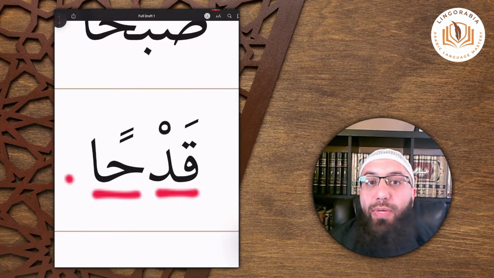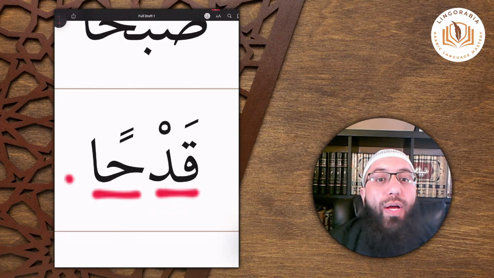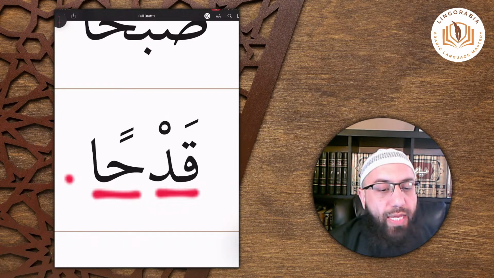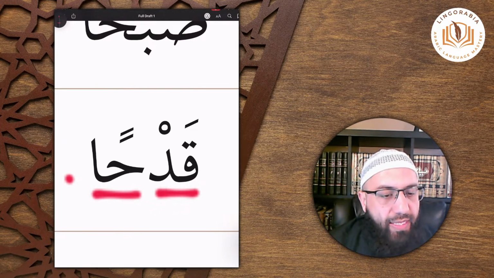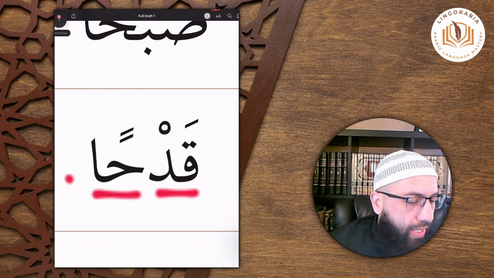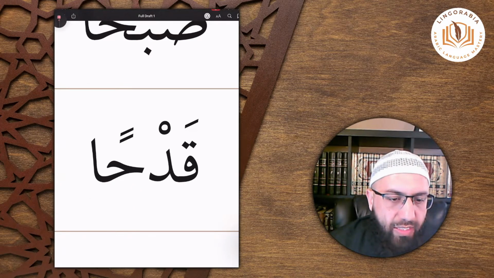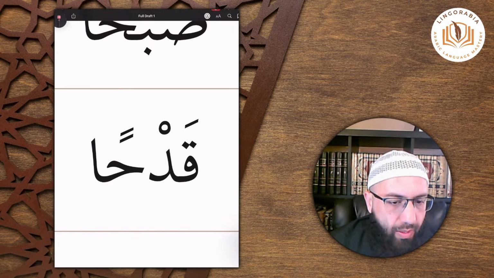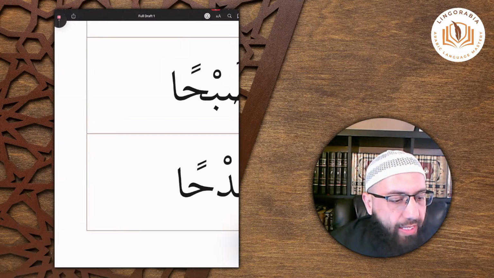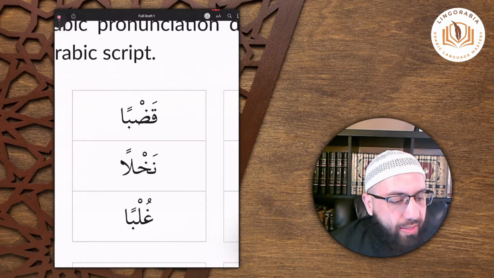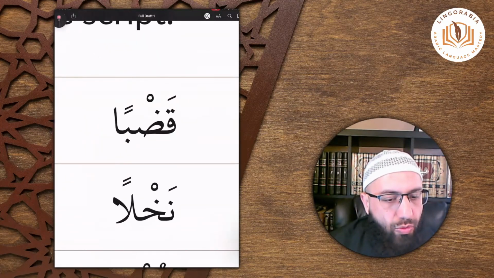You don't say, when you stop on this word, qadehan. You say qade, ha. That's how you read this when there is a full stop. Okay, the next word. How do we read this one?